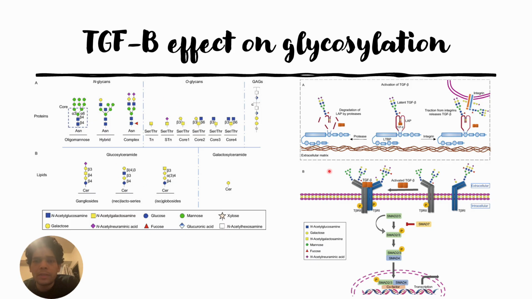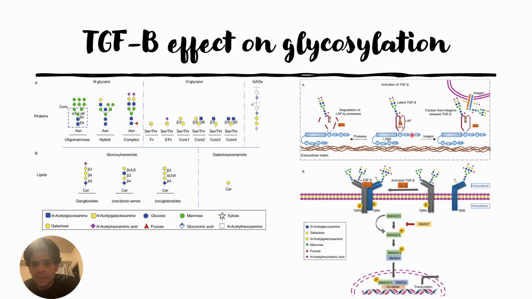Now, how does TGF-beta affect those glycan formations? The actual final outcome is not shown here; the triggering points are shown. How does TGF-beta get activated? The first way is through the latent associated proteins found on the cell surface.